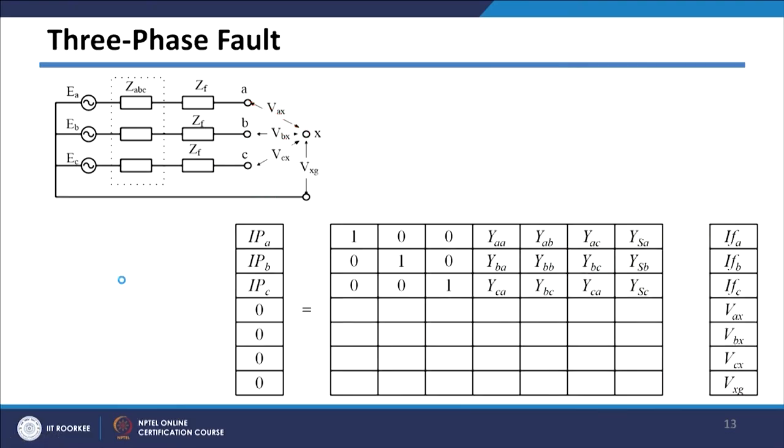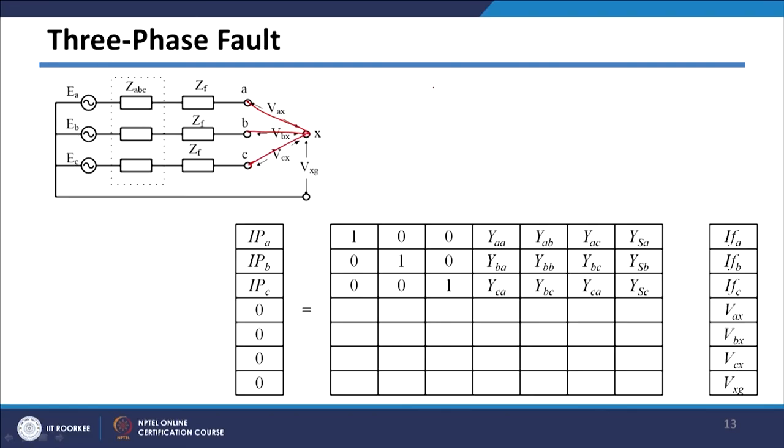And let us say your last fault, that is 3-phase fault, maybe it is grounded or ungrounded. So, in case of grounded also we will see. So, in case of 3-phase fault, if the ground is not involved, this will be shorted, this will be shorted and this will be shorted.